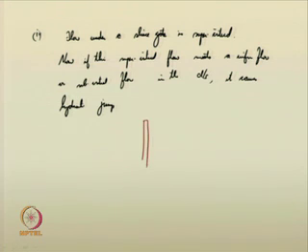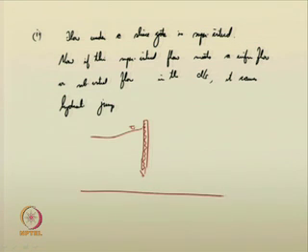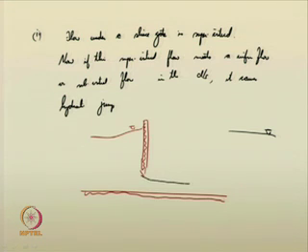There is a sluice gate, flow occurs. We consider that in the downstream there is a uniform flow. Now, the flow here becomes a rapidly varied flow, a supercritical flow. It gushes at a high velocity.